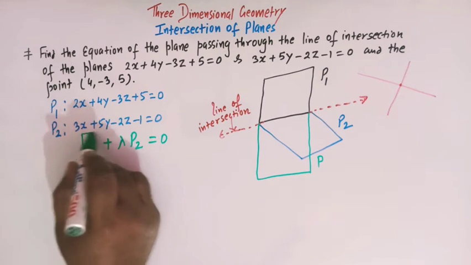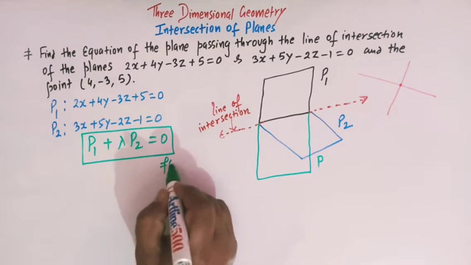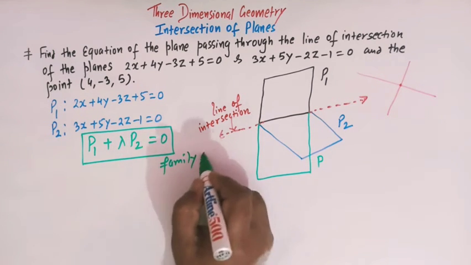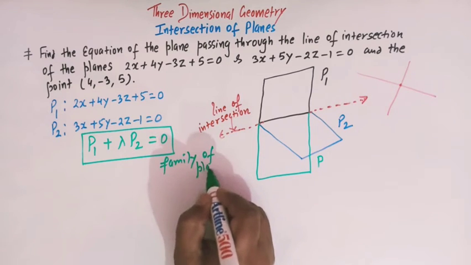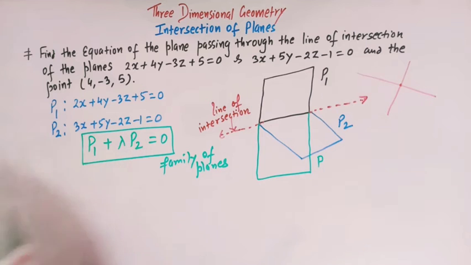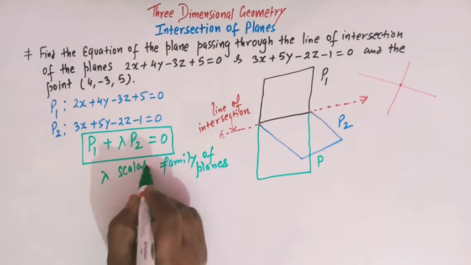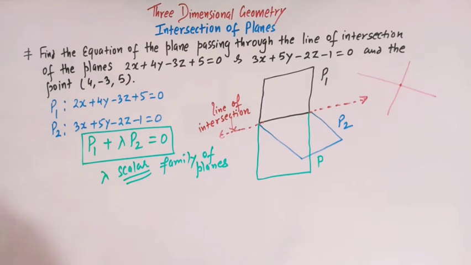right? So this equation gives the family of planes which passes through the line of intersection of two planes P1 and P2, where λ is some scalar, and for a particular value of λ we'll get a particular plane.